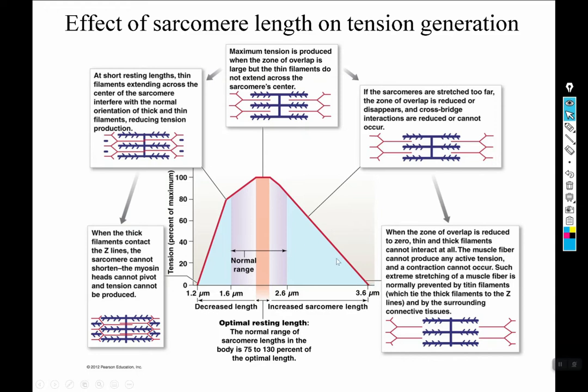So the normal range for the muscles in our body, the physiologically relevant range, what we would experience in our normal physiology, is about 1.6 microns to 2.6 microns, so only about a micron's worth of difference. These outer limits are a result of single muscle cell preparation in an experimental laboratory setting.